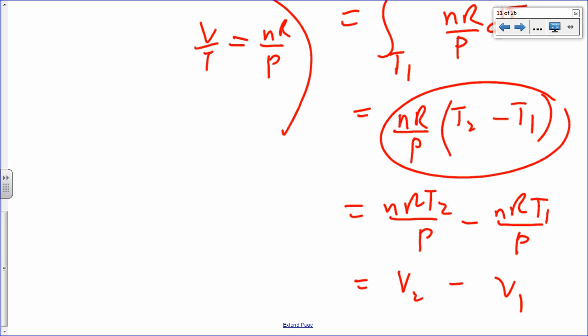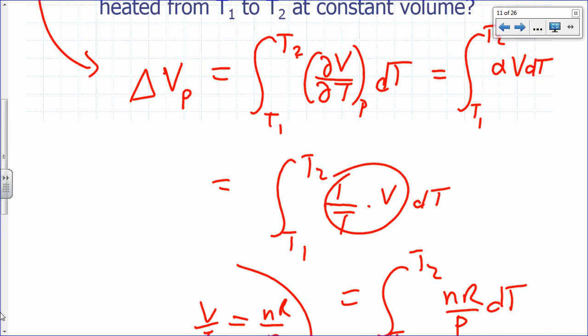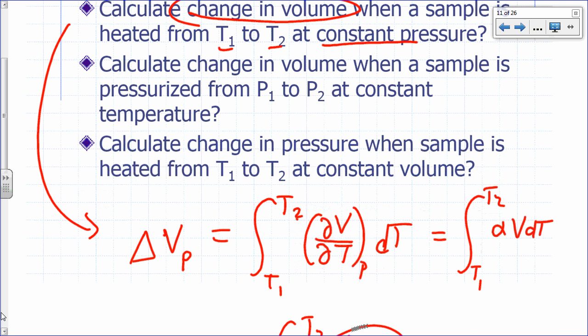You can figure out the change in your volume by just knowing the pressure and the temperatures. Okay, so this would be really helpful if you have no way of measuring the volume, or if you're given a problem that doesn't tell you what the volume is, or doesn't give you enough information to calculate the volume.